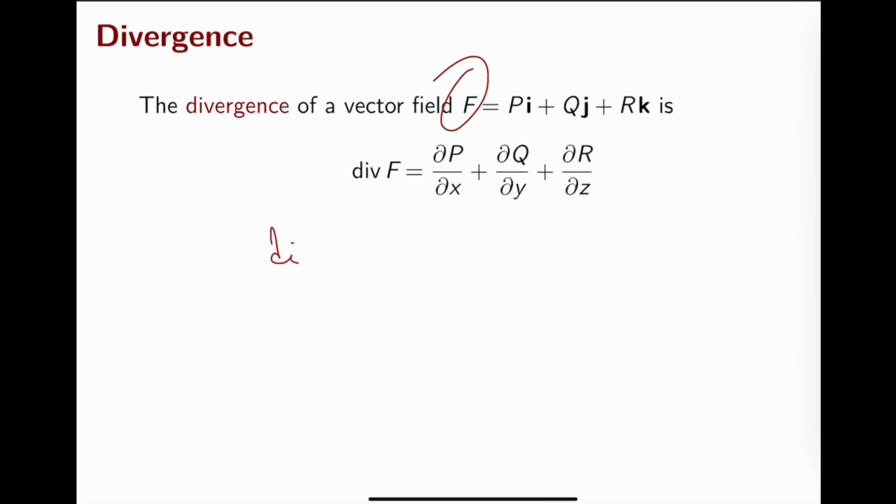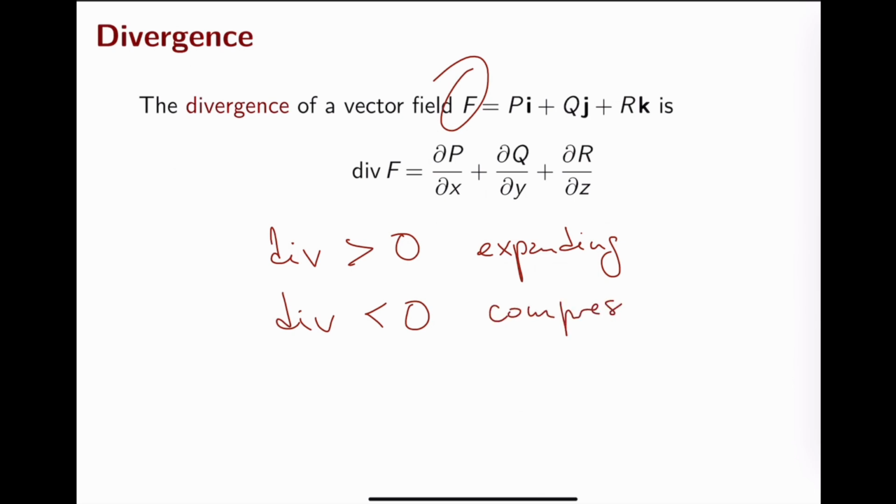So if the divergence at a certain point is a positive number, we could say that the vector field is expanding. If the divergence at a certain point is negative, we could say that the vector field at that point is compressing. So in other words, when the divergence is positive, we can say that the vector field is divergent from the point.